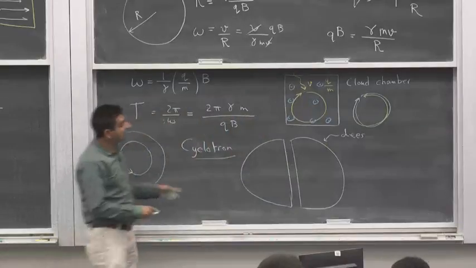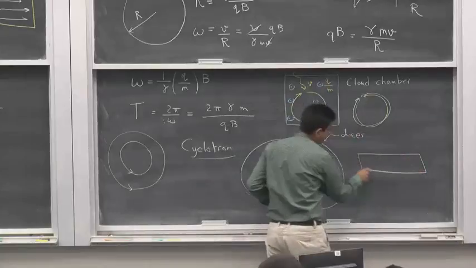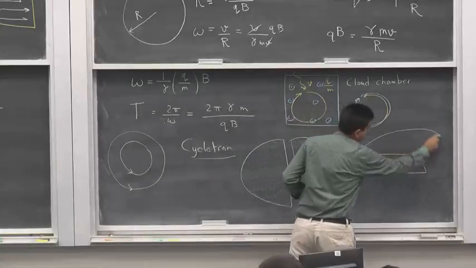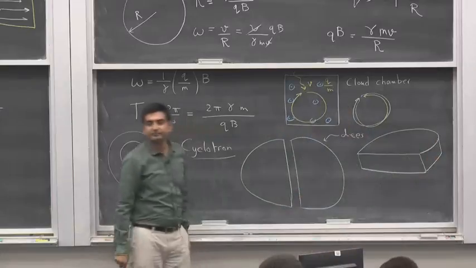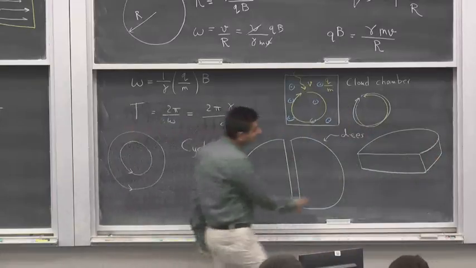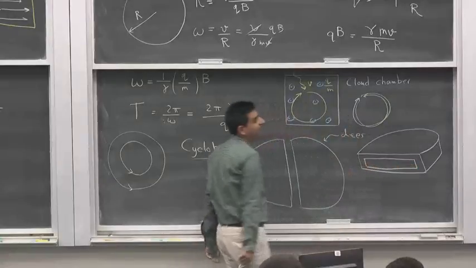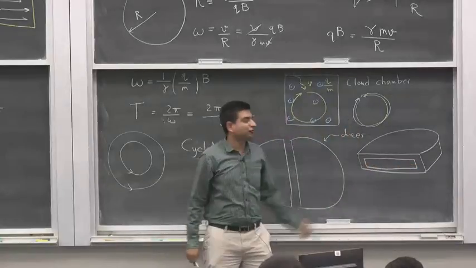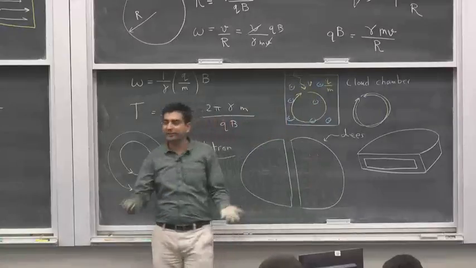Now if you look at the side view of one of these Ds, this is what the D looks like. In the side view there is a slit, an opening here, and of course it's hollow from the inside. So a particle that is inside can actually move from one D to the other if it has the proper velocity.